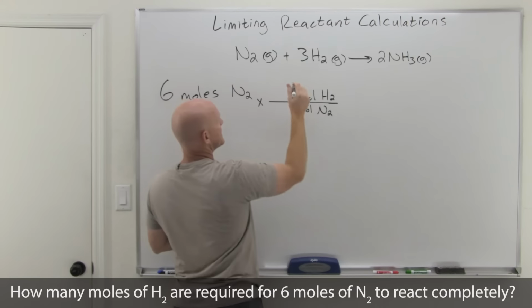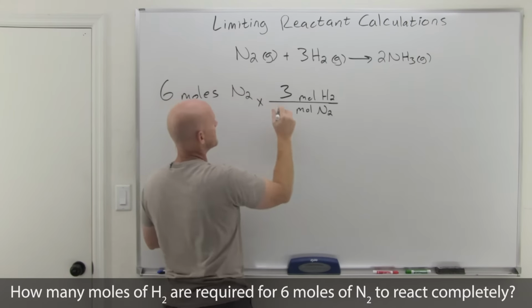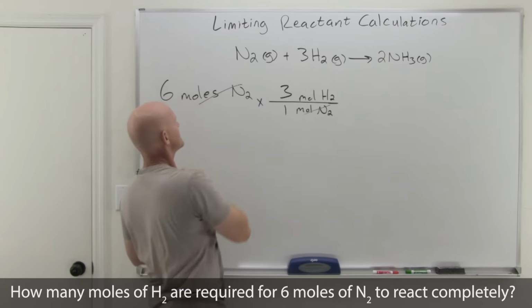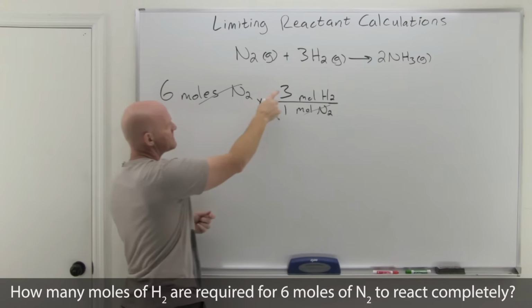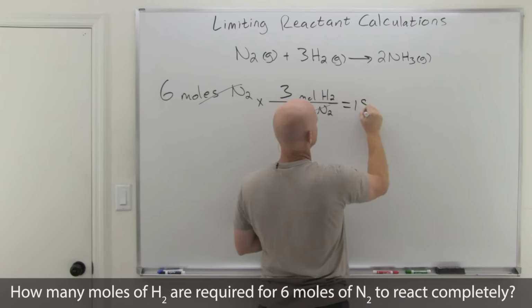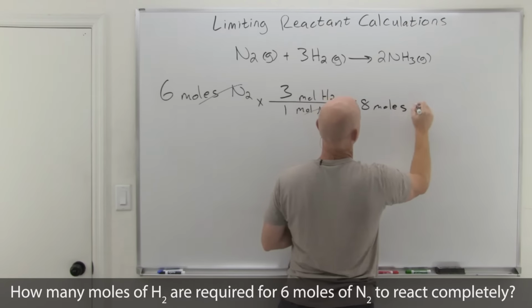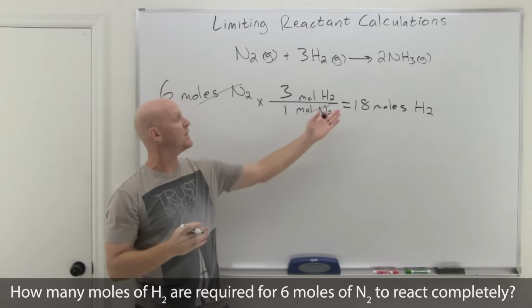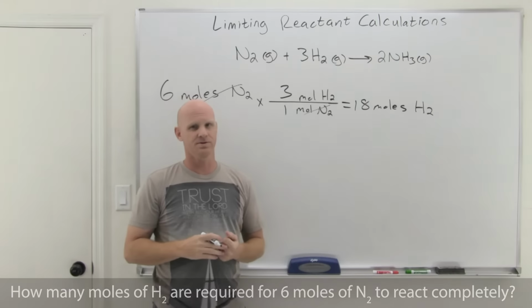So the coefficient for H2 is a 3, and the coefficient for N2 is an implied 1, and so dimensional analysis gets those moles of N2 to cancel, and 6 times 3 over 1 is indeed 18 moles of H2. So if I want that 6 moles of N2 gas to react completely, I would need 18 moles of H2.